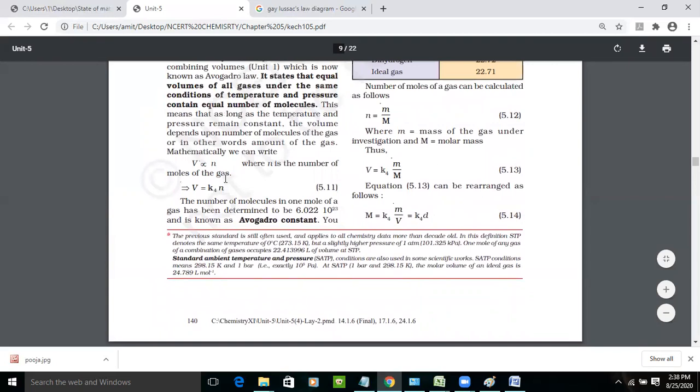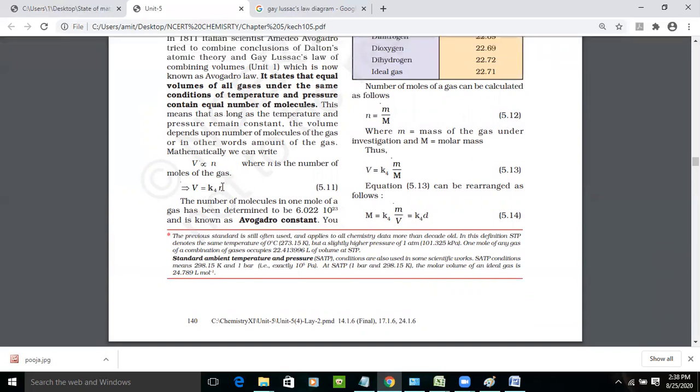So n is the number of moles, V is the volume, which are directly proportional to each other, and he gave his proportionality constant, that is k. So we have so many k's here. K1 is for Boyle's law, K2 is for Charles's law, K3 is for Gay-Lussac's law, and K4 is for Avogadro's law.